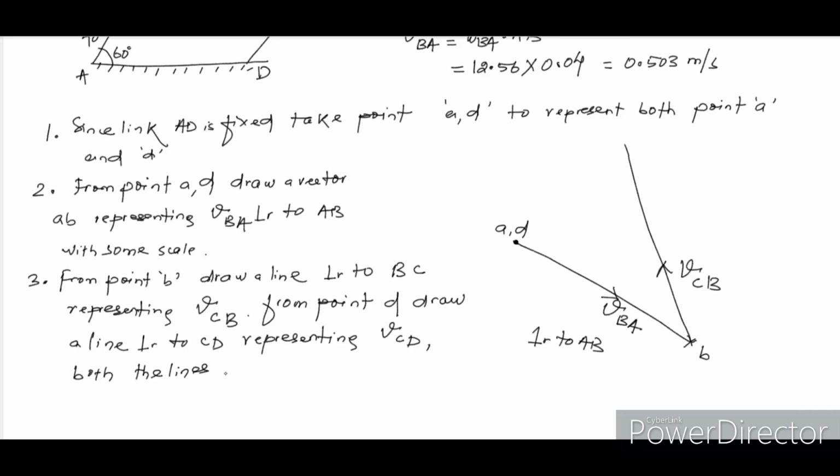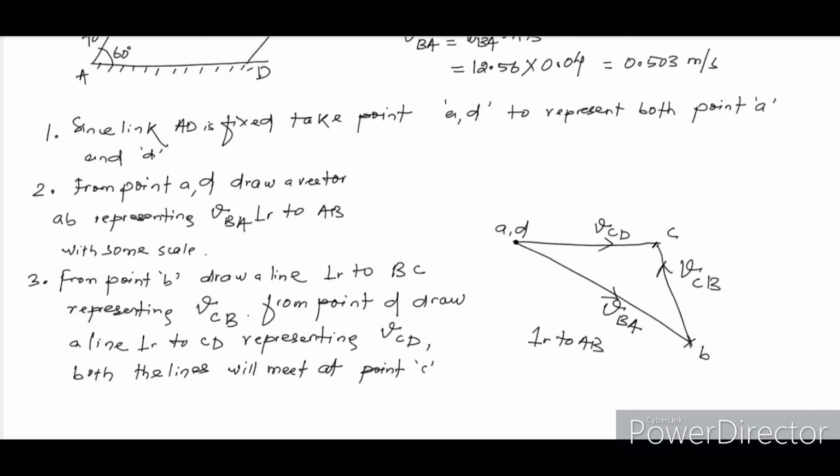Both the lines will meet at point C. So we'll draw VCD from here, from point D, which is perpendicular to CD, and both these lines will meet here at point C. I'll erase these extra portions and draw it again, so it will be like this.